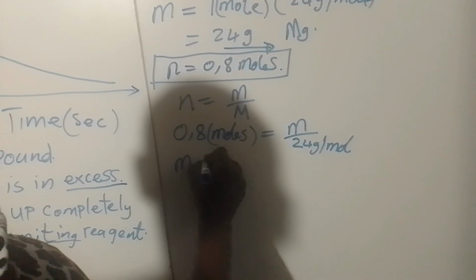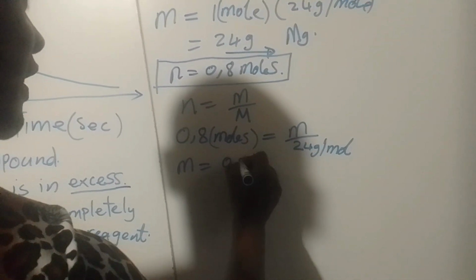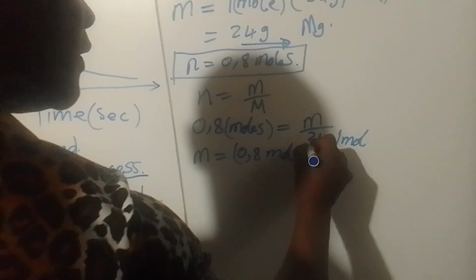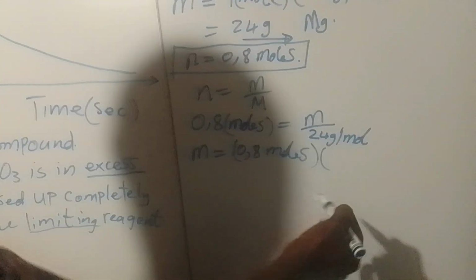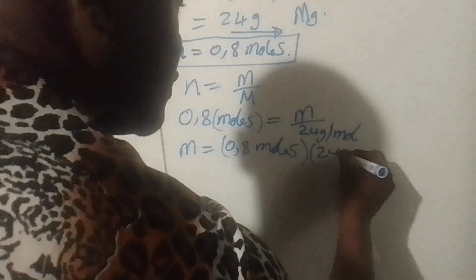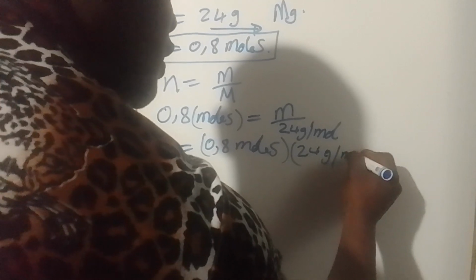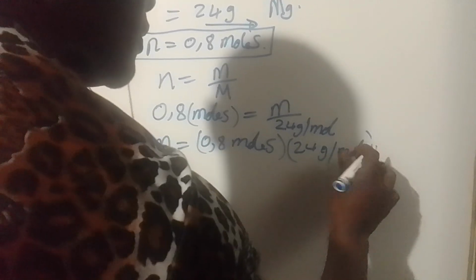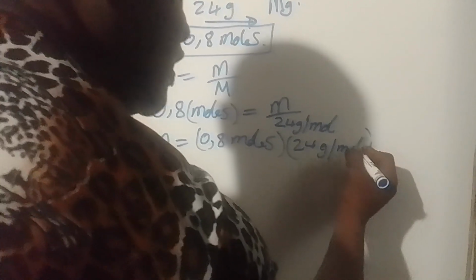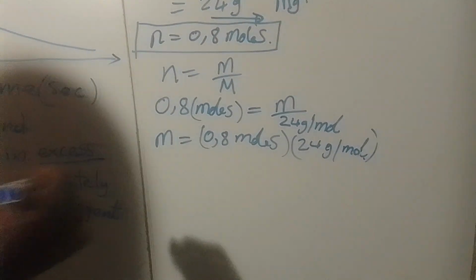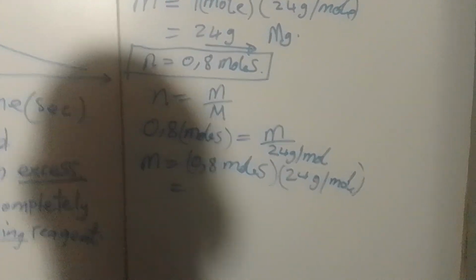Now to find m, we multiply 0.8 moles by 24 grams per mole. Right?